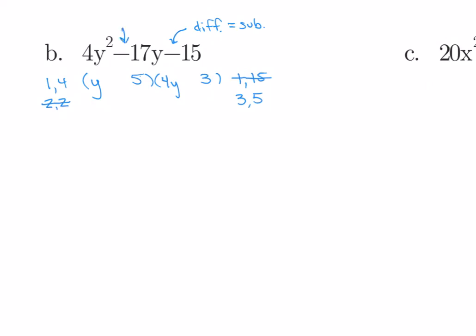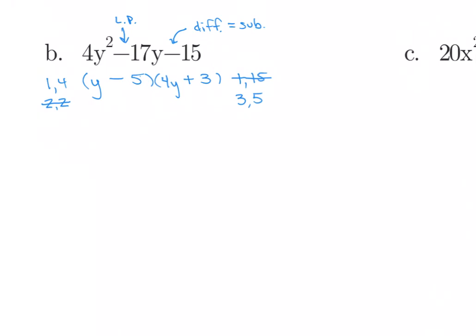All right, I also want my larger product to be negative. Which one is larger, outsides or insides? Outsides we get 3, insides we get 20. Since 20 is larger, I want my 5 to be negative, and I want my 3 to be positive.